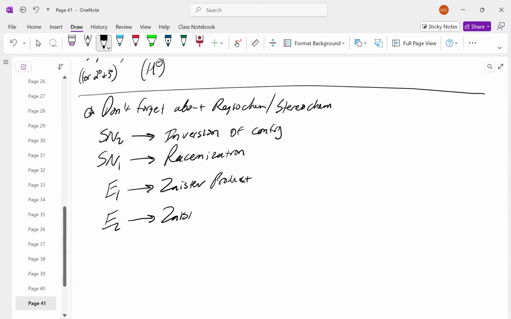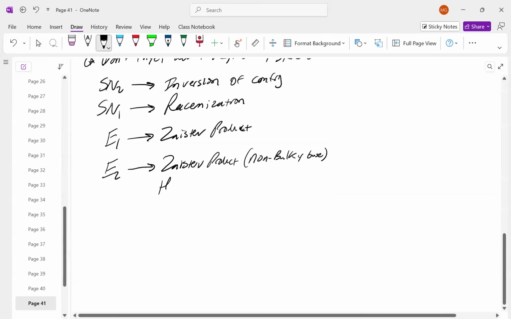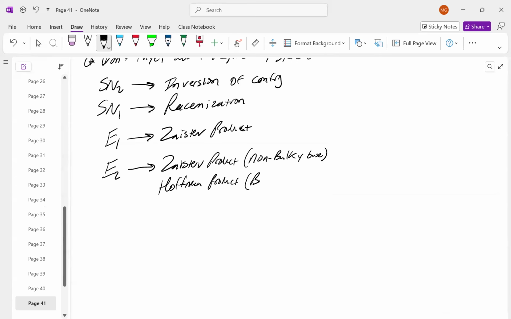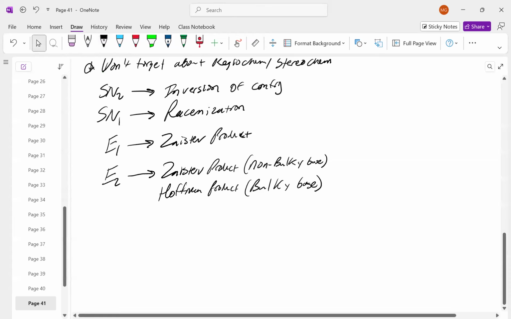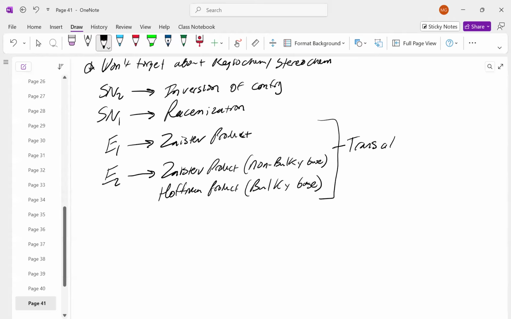We could get the Zaitsev product by using a non-bulky base, or we could get the Hofmann product by using a bulky base. And remember that with E1 and E2, if it's possible, the trans alkene is favored over cis.